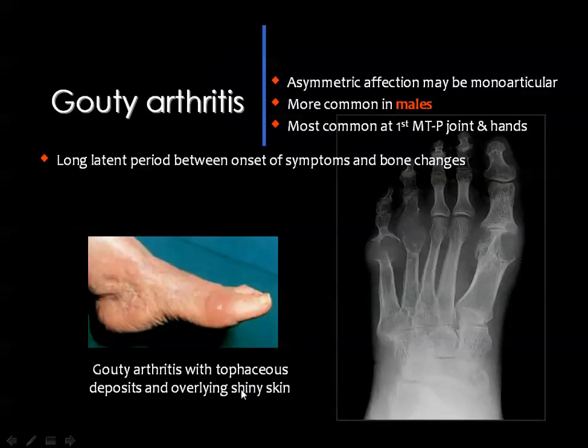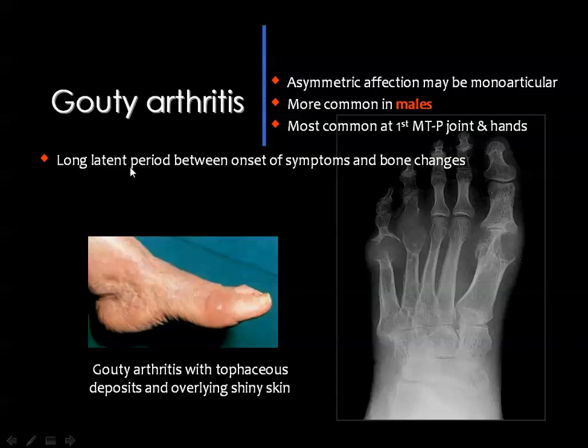Then what happens? There is deposition of crystals near the joint, and you get erosive changes that are very characteristic. They are sharp, punched out erosions, which usually do not affect the articular surface at the beginning of the disease.